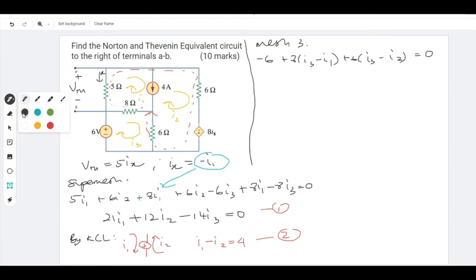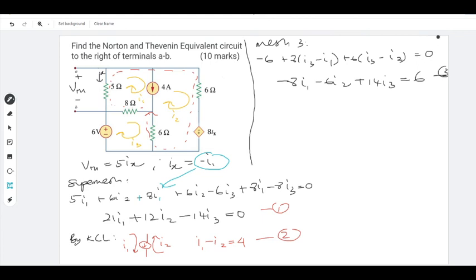Let me put 8 and 6. We do I1 first. Okay, 8 I1 and then 6 I2 minus 6 I2 and 8 I3 plus 14 I3. I'm gonna put the 6 over 6. That is your third equation.